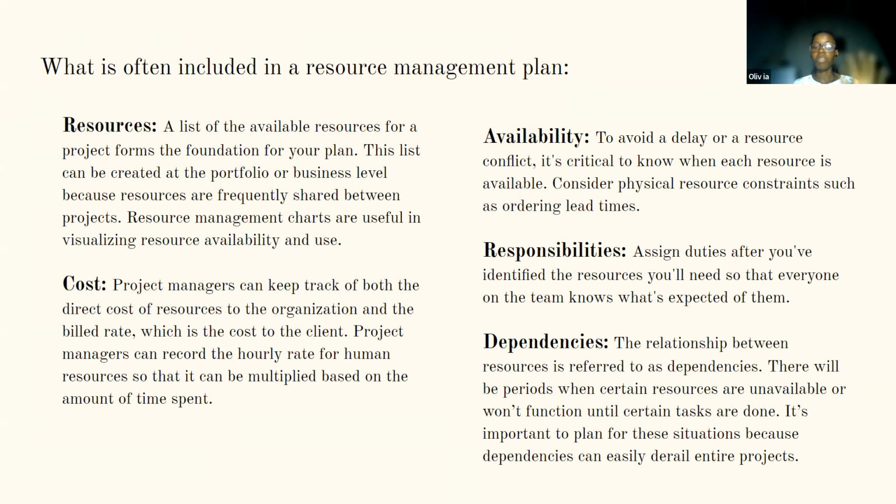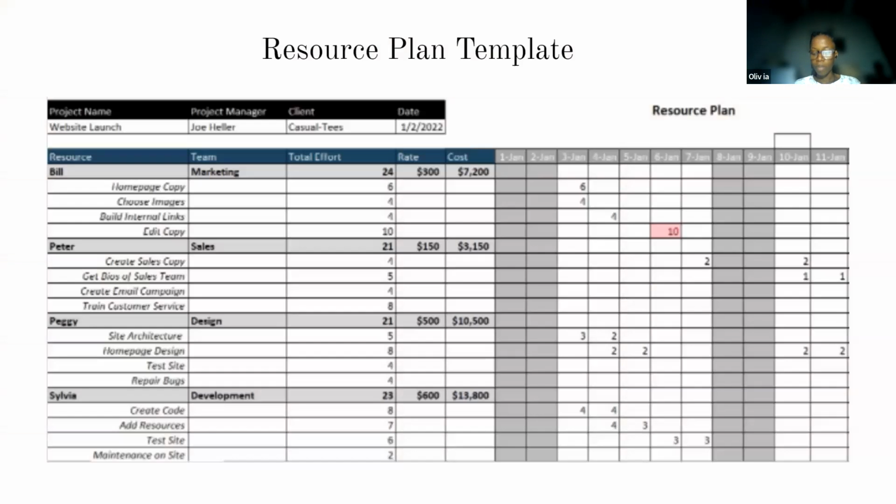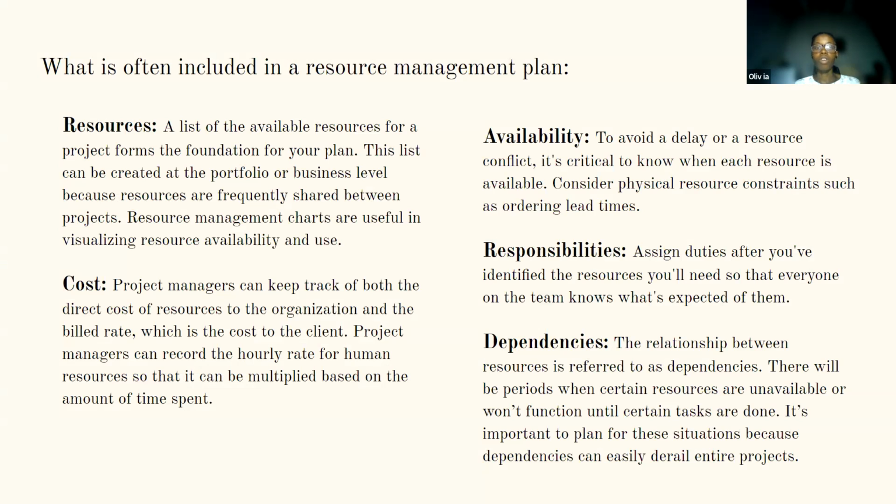I would say from experience that dependencies come up a lot of times. One task may depend on another. You need to make sure that while you're planning for your project, you take that into consideration. What needs to happen first before this other task takes place? Let me use, for example, a project I'm currently working on.